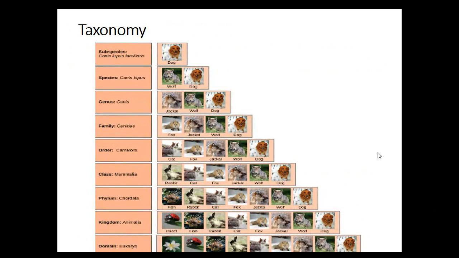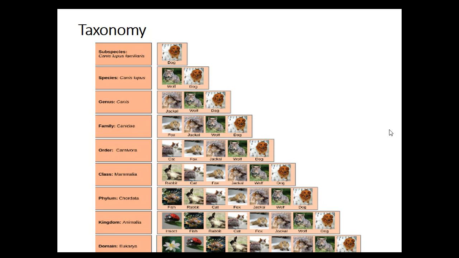Okay, so here are some examples of what's included in some of these taxonomic groups, taxonomic levels. In this case, the domain here is eukaryote. So that's all the organisms that have eukaryotic cells, that is cells that have a nucleus and other organelles.